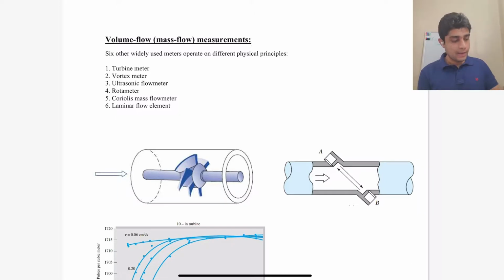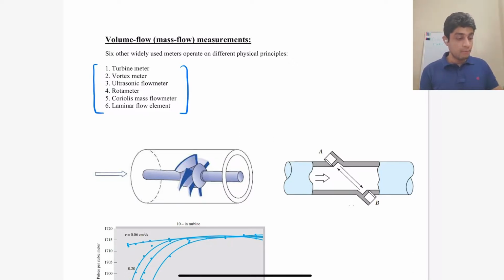So there are various other techniques as well, and I'll describe a few of those which have smaller losses, but are also highly accurate, and some of these techniques are also non-intrusive. In these techniques, we don't need to disrupt the flow, we do not put anything in the flow, and we just install some sensor on the outer periphery of the pipe and take measurements from outside.